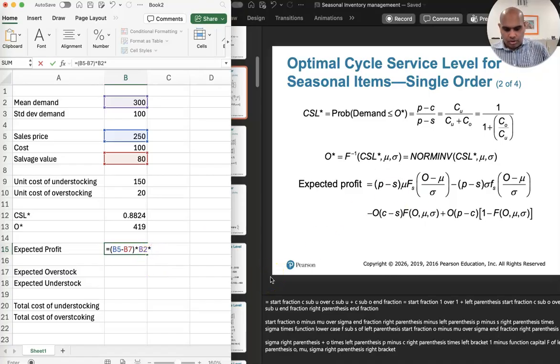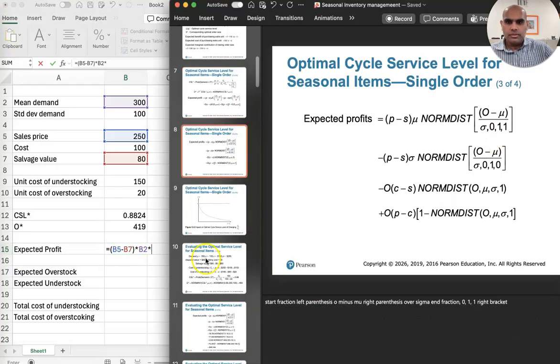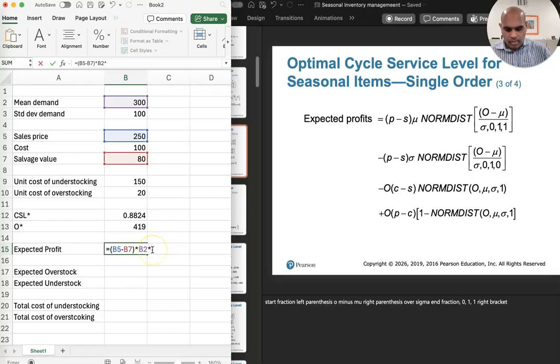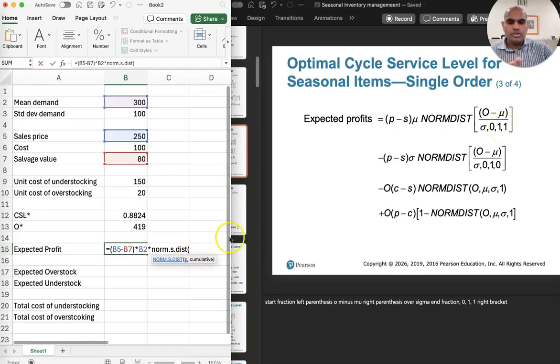So we'll say norm.s.dist. Now they use the 0 and the 1 here for the mean and standard deviation. You don't have to do that. If you use the standard normal distribution, the mean and standard deviation come up automatically, so that's fine.